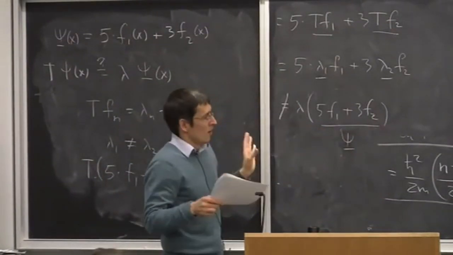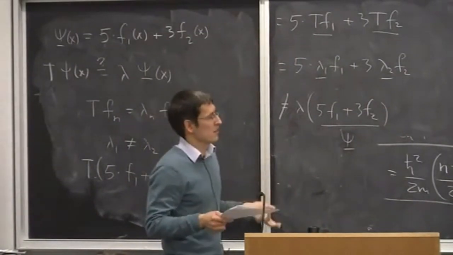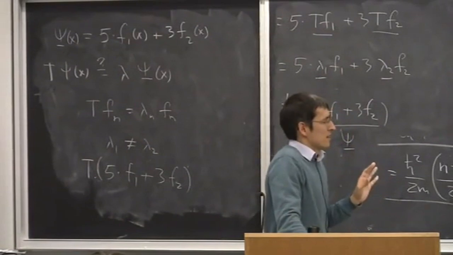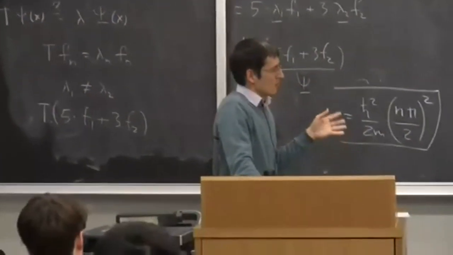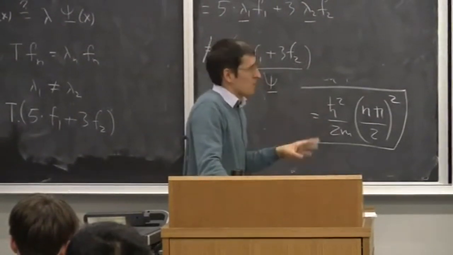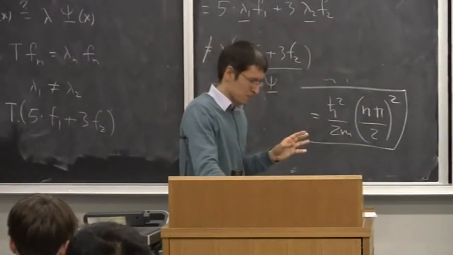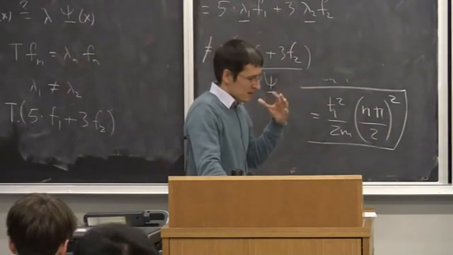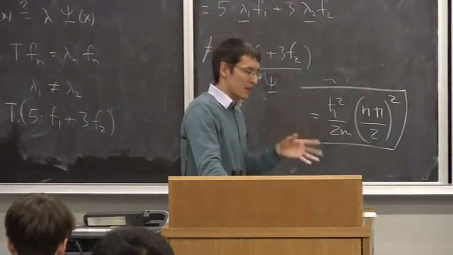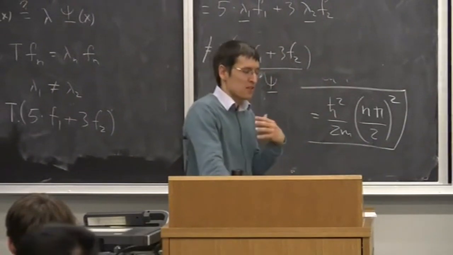And one nice thing about eigenfunctions is that I said operators don't change the shape of those functions. But from an algebraic point of view, the eigenfunctions are the functions where the action of the operator is the simplest.